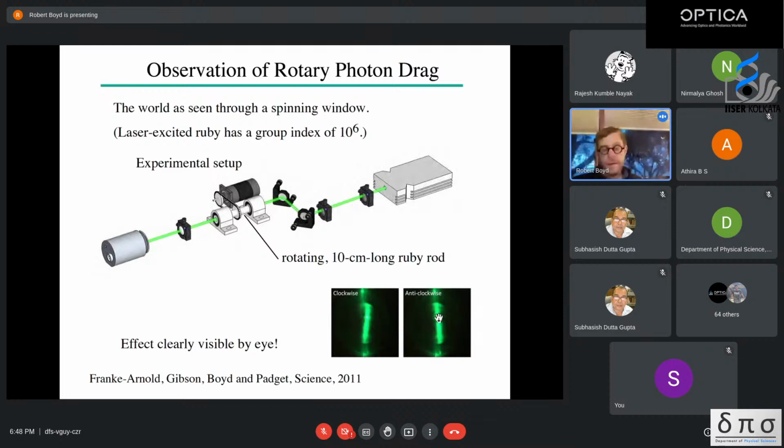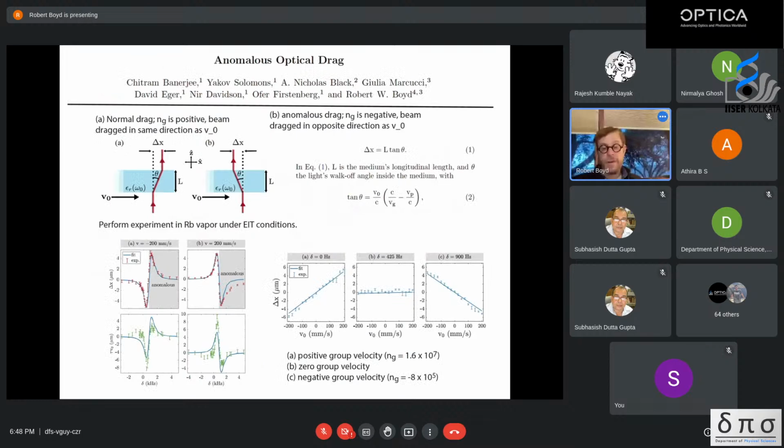And when we rotate this ruby in the opposite direction, we see that the image is rotated in the other direction. So this is what I'm working on right now, and this is a joint project between my group and the group of Nir Davidson and Ofer Firstenberg at the Weizmann Institute in Israel.